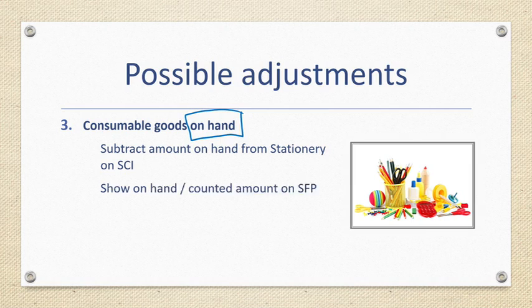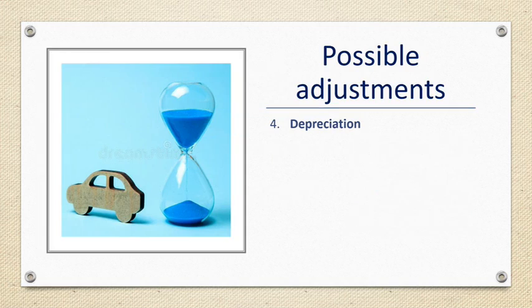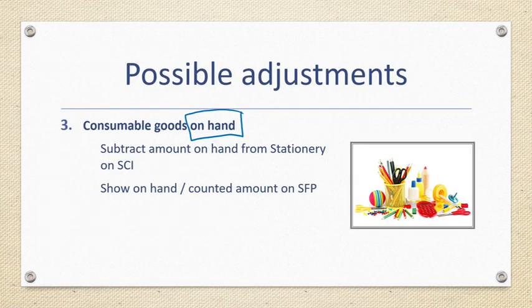And then you show the counted or the on-hand amount on the statement of financial position. Just to go back to that one, sometimes they give you an adjustment which says consumable goods or stationery used during the year. Then you don't subtract, because then they gave you the amount that you are actually showing in your comprehensive income statement.